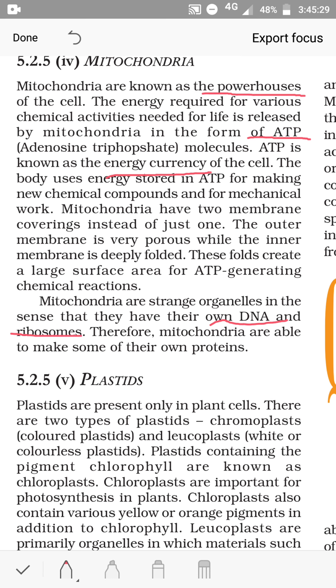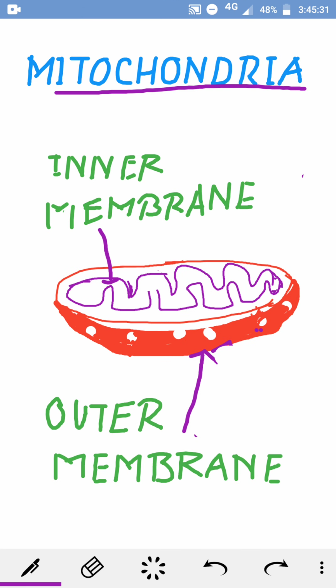Let us see the structure of a mitochondria. Mitochondria has two membranes. The outer membrane, which I have drawn with red, is porous, it has pores on it. And the inner membrane, which I have drawn with violet, is deeply infolded.